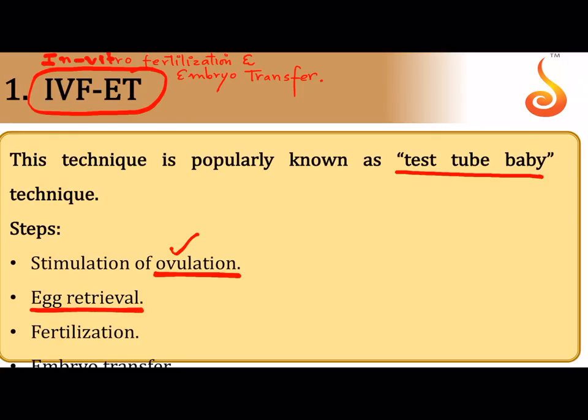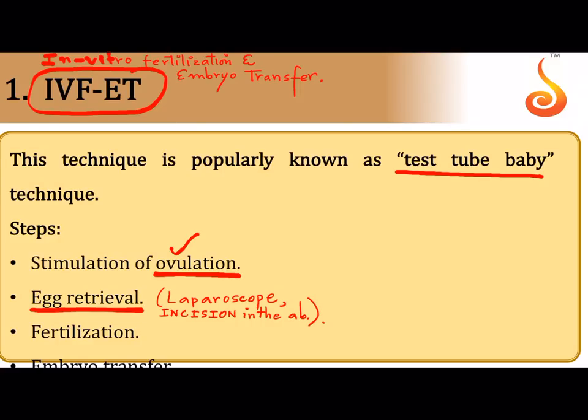This harvesting can be done with an equipment called a laparoscope, by making a small incision in the abdomen of the woman. So it is not a major procedure, it is a minor procedure. Remember, mostly a laparoscope is employed to retrieve the eggs by making an incision in the abdominal wall.